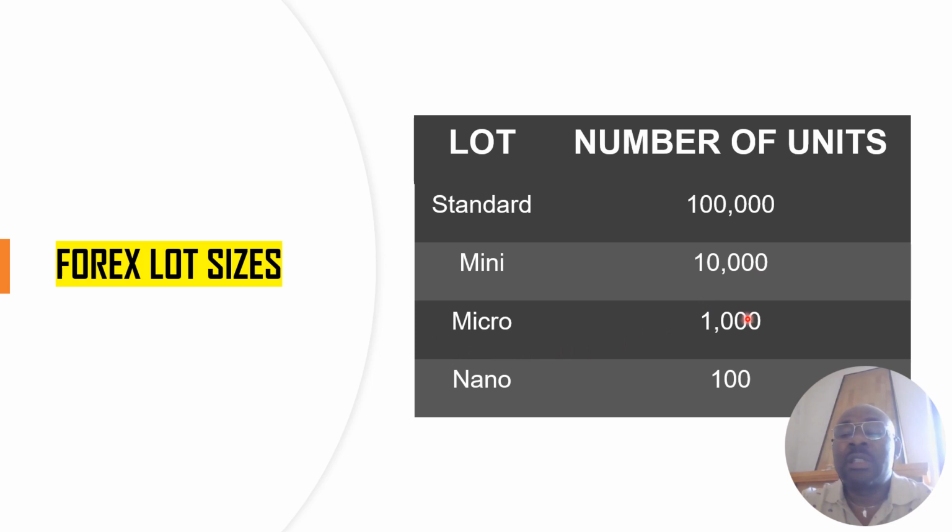Where will somebody get $1,000? In the case of nano, where will somebody get $100? No, it does not work that way. That is why we have what we call leverage. It's a topic on its own, and when we get to it, I will explain to you.